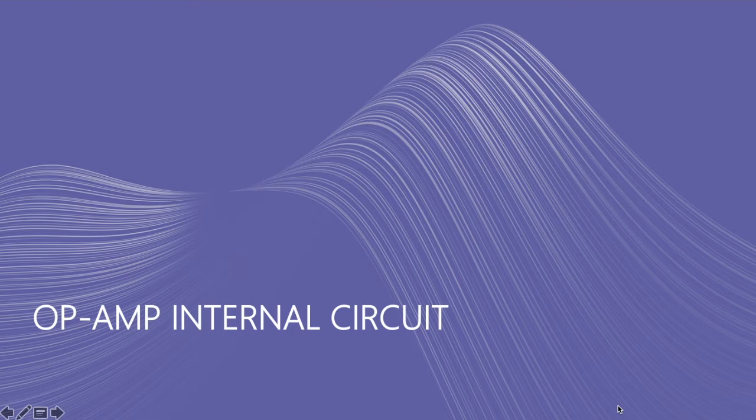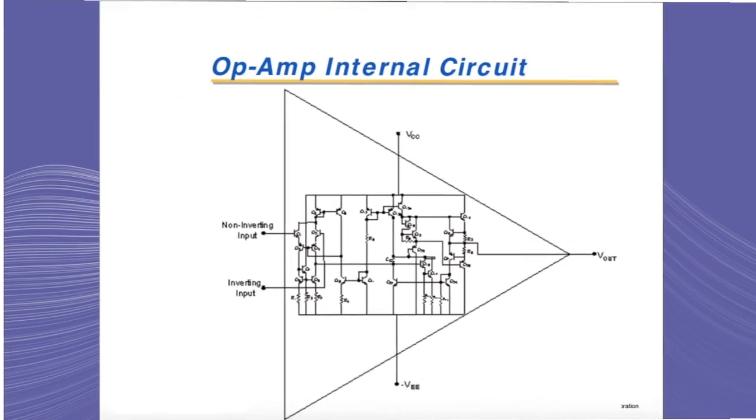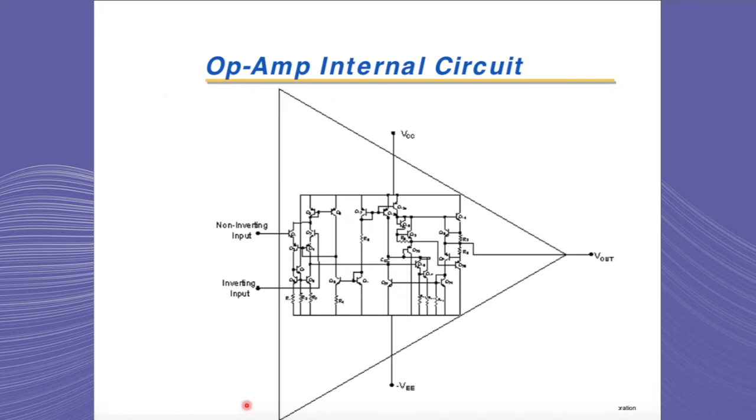In the final part of this video, we will go over op-amp internal circuitry. As mentioned before, please keep in mind that this is going to be a very simple and general amplifier, and there are many different variations to op-amp internal circuitry and design. The graphic in this slide is just showing us the op-amp standard triangle.